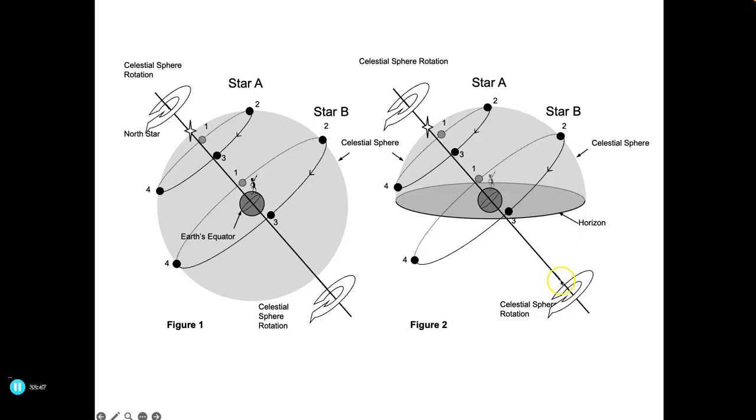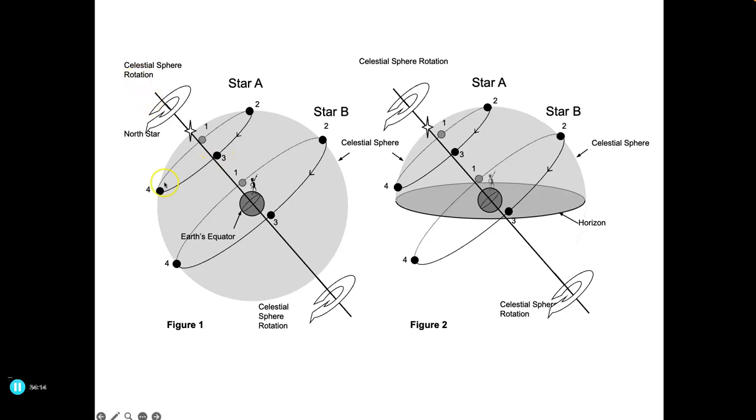From here in Arizona, you can't see the South Celestial Pole because we're in the Northern Hemisphere, which means the South Celestial Pole is always down below our horizon. As the celestial sphere appears to rotate every day, remember, it's not really the celestial sphere that's rotating, it's Earth that's rotating, but we see it rotating in the opposite direction, right?